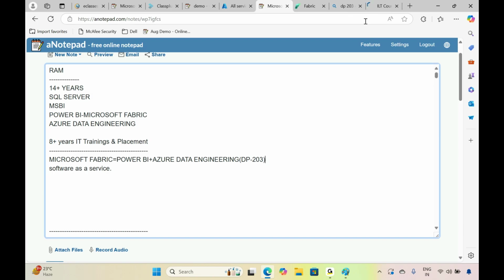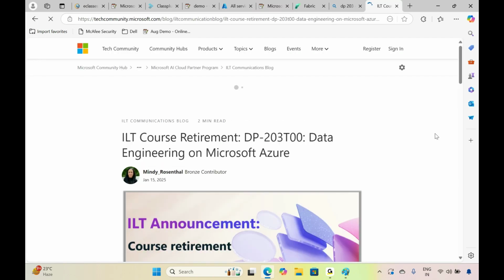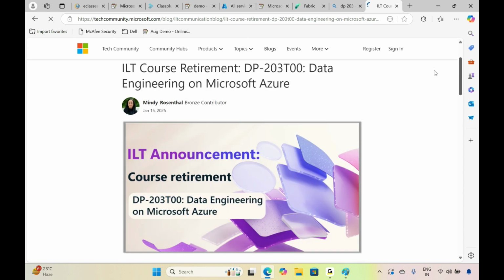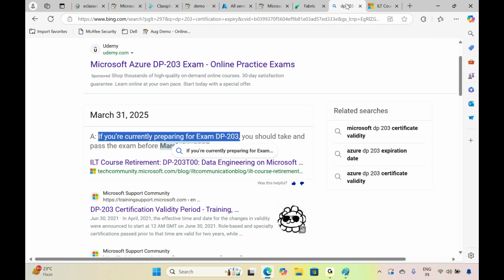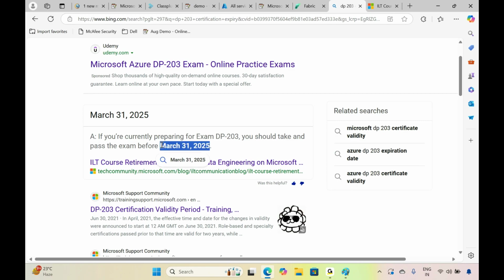What Microsoft is telling, the Data Engineering on Microsoft Azure exam is going to be retired. If you are preparing for exam DP203, you should take and pass the exam before March 31st, 2025. What is the reason?